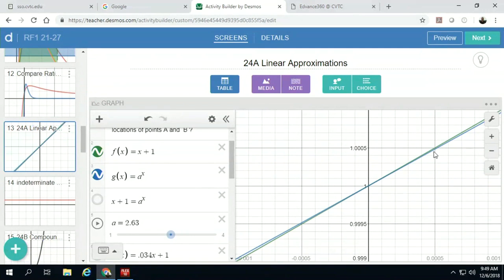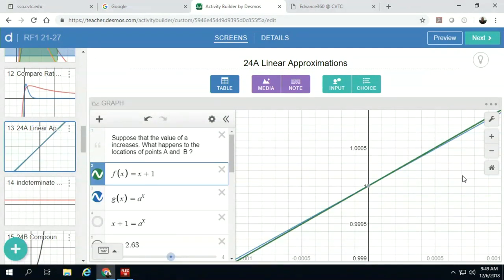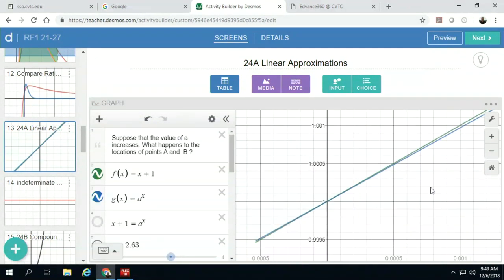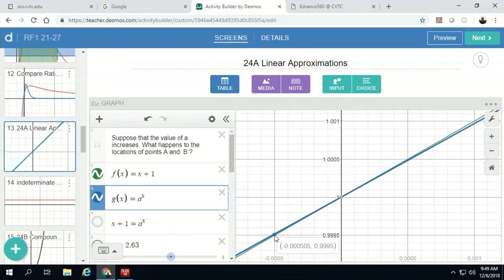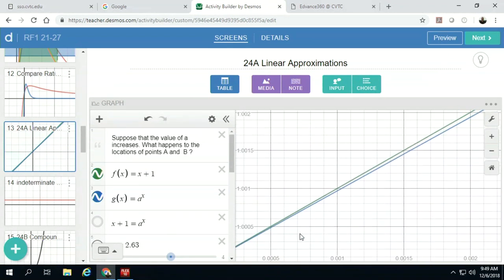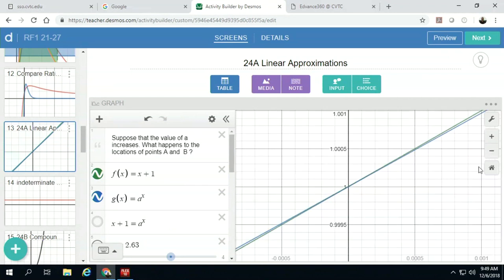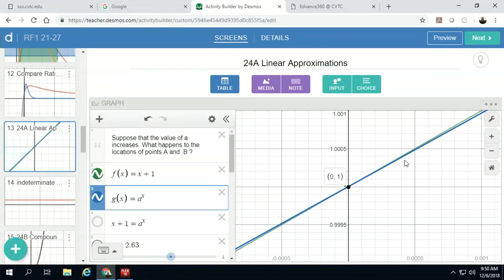So we're really, really close here with these two, but if you notice, let's get the two curves. I can't get them both to appear, can I? It won't show me both of them. It'll show me the one where they cross, but it won't show me the other one.